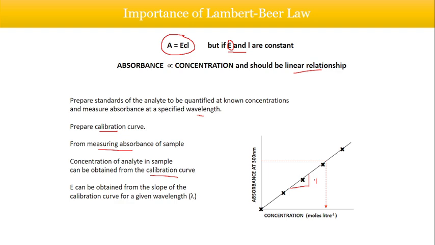So the slope is epsilon times L, but when L is 1 centimeter, we can neglect this L. When the path length is also known to us, we can tell that the slope gives epsilon.